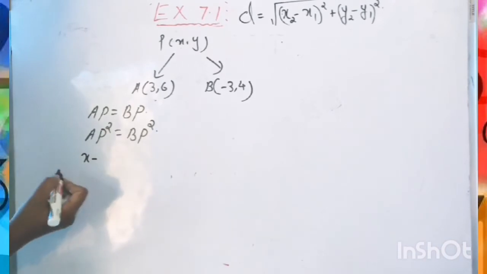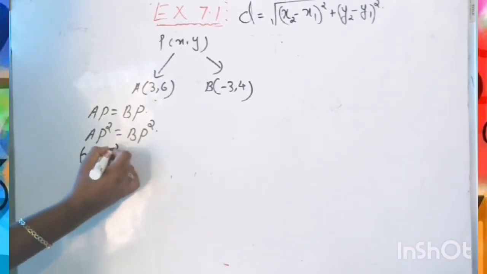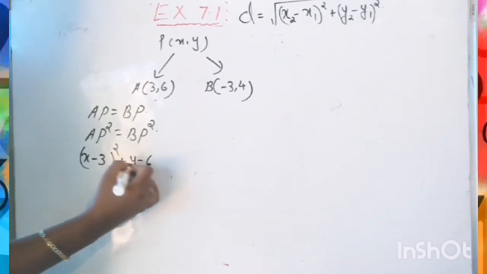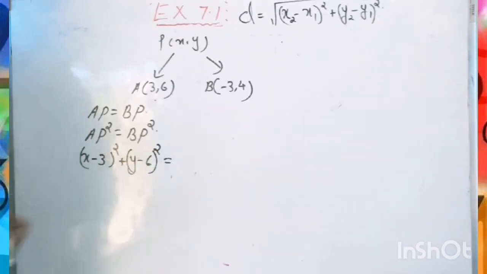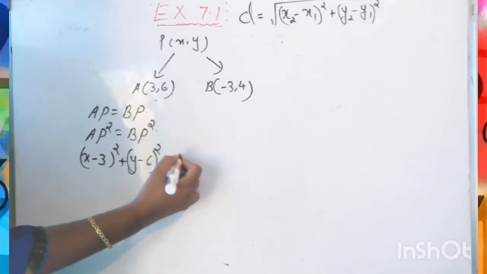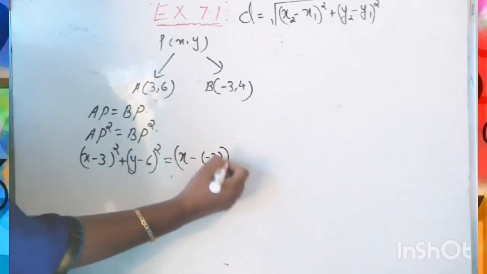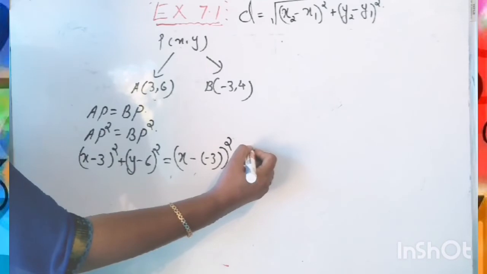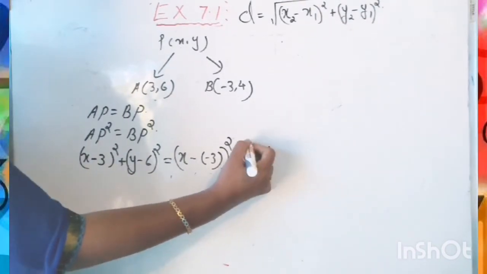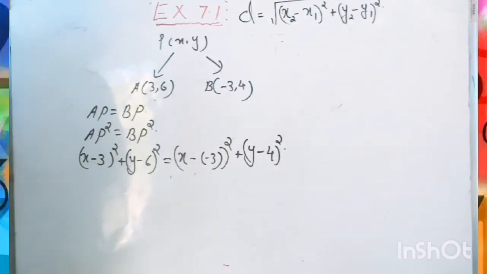(X coordinate of P minus X coordinate of A) all square plus (Y coordinate of P minus Y coordinate of A) all square is equal to (X coordinate of P minus X coordinate of B) all square plus (Y coordinate of P minus Y coordinate of B) all square.